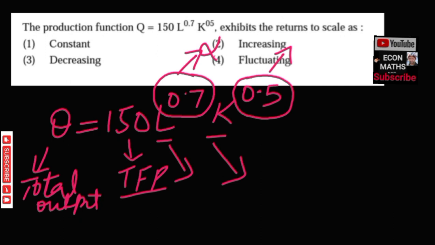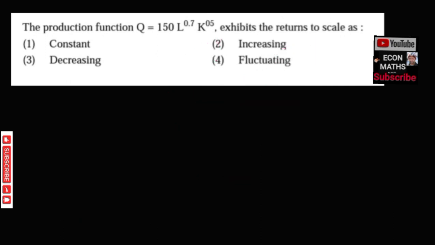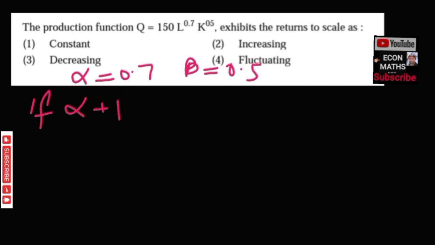Let us say this 0.7 is alpha and this 0.5 is beta. Let us say alpha is equal to 0.7 and beta is equal to 0.5. If alpha plus beta, that is the sum of the exponents, is equal to 1, we have constant returns to scale.